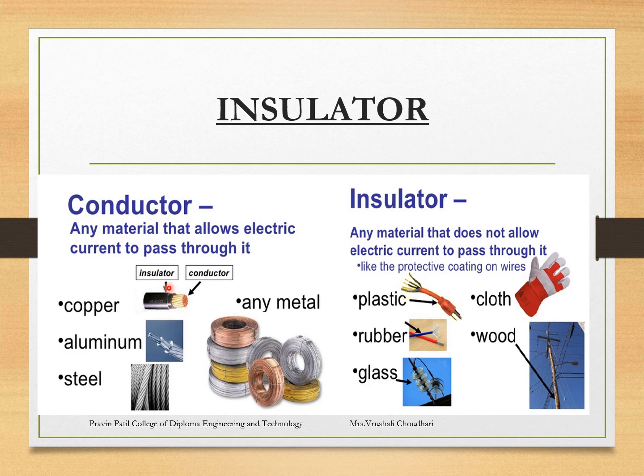So we coat this wire with an insulating material which does not allow current to pass through it. That is called an insulator. All metals are conductors, while insulating materials are non-metallic, such as plastic, rubber, glass, cloth, wood.